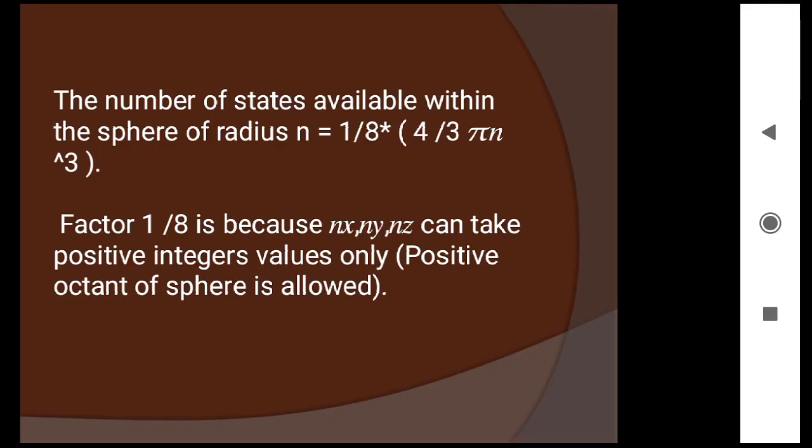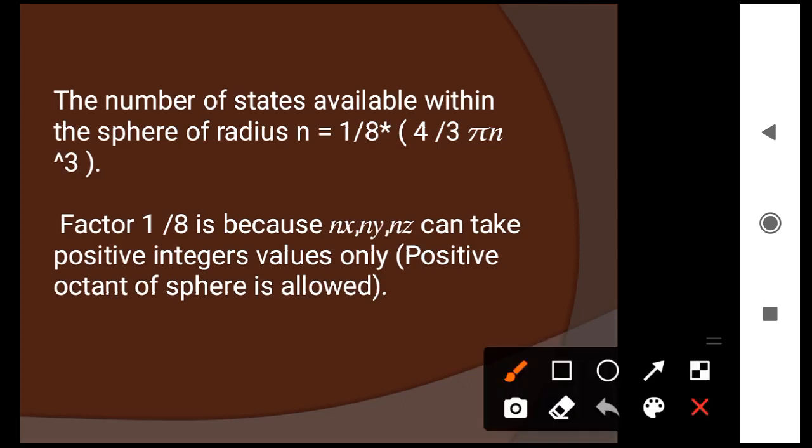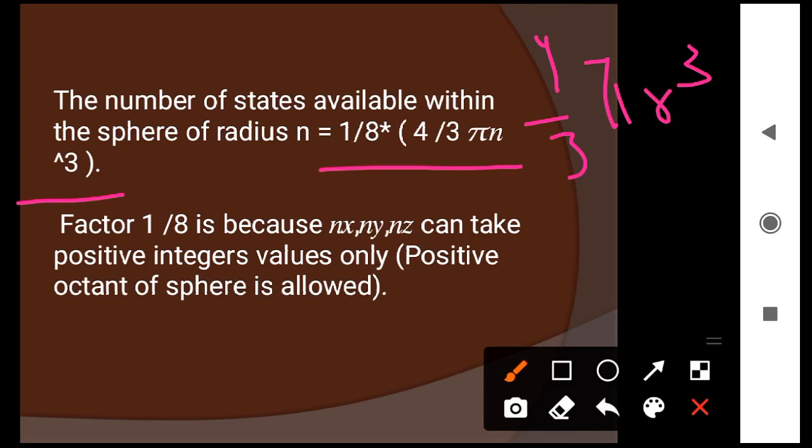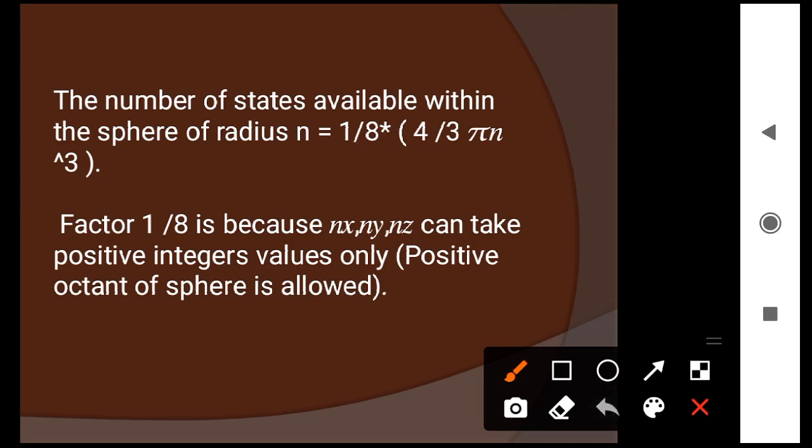The number of states available within the sphere of radius n is equal to 1/8 into 4/3 pi n cube. Why? Because the volume of a sphere is 4/3 pi r cube. Here the radius is n, so we get 4/3 pi n cube. Why did we multiply our solution by 1/8? Because nx, ny and nz can take positive integers only.